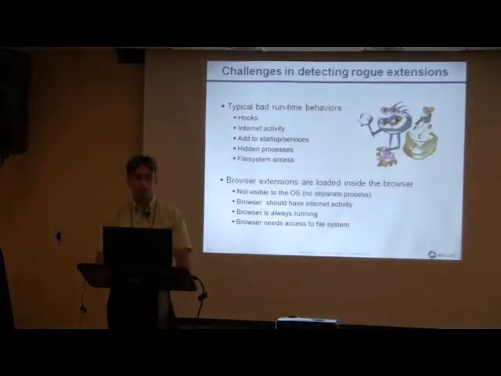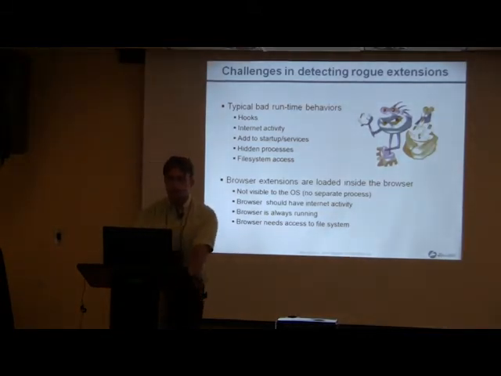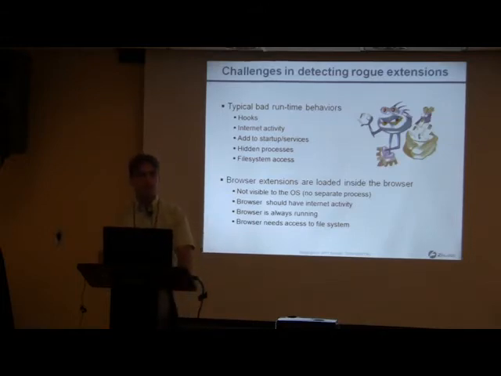So if you look at behavior analysis, what an AV would look at is a process that's hooking into other processes. For example, a keylogger might hook into some application or your Windows system to intercept all the keyboard information. A process might try to connect to the internet.